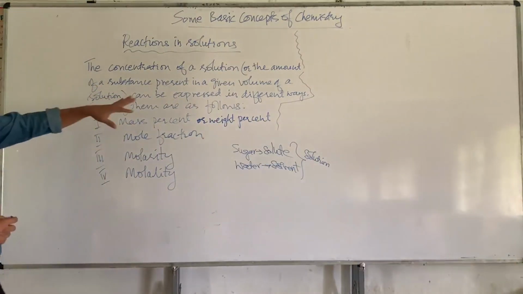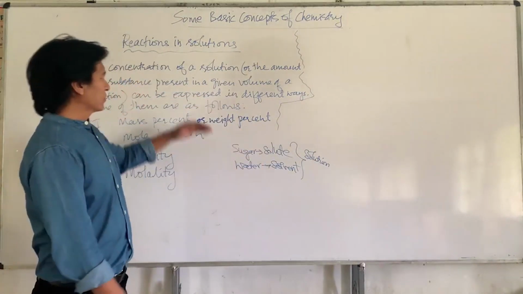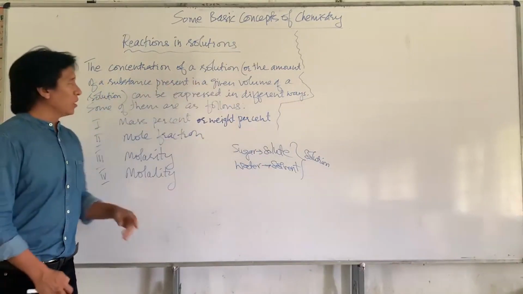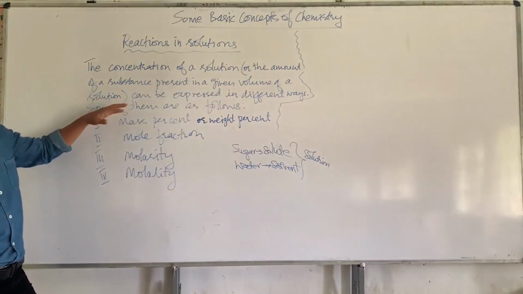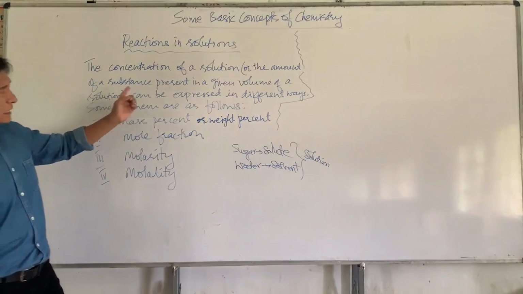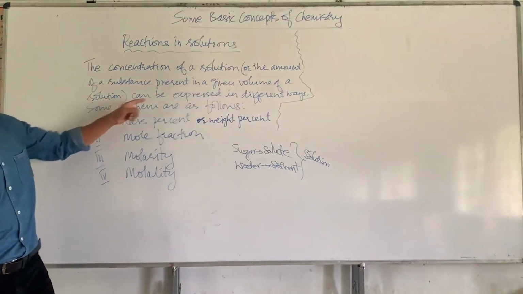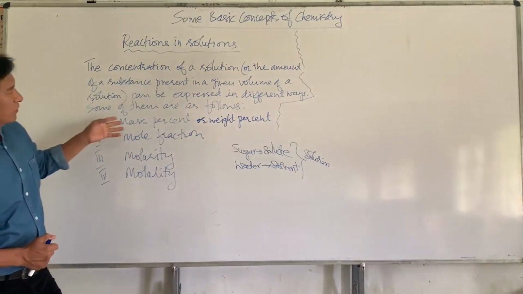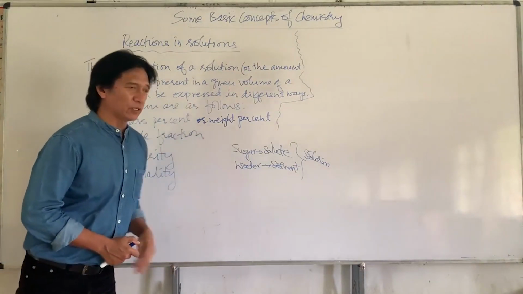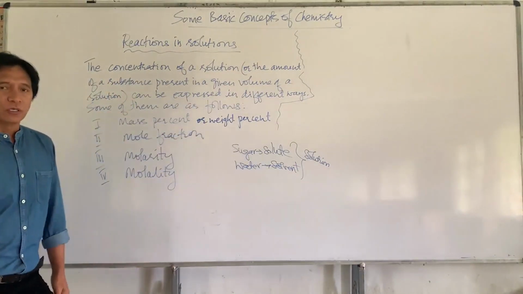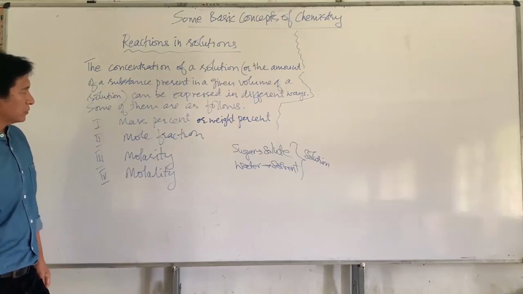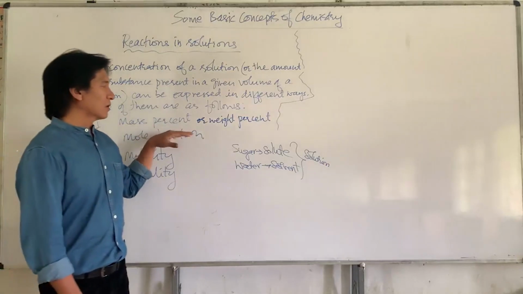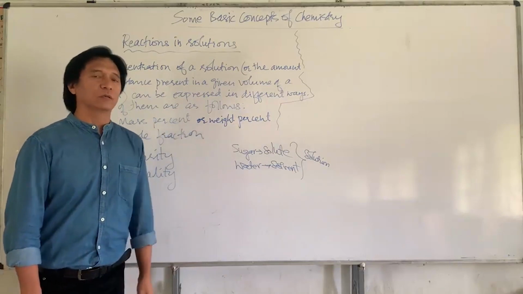Now, the concentration of a solution, or the amount of a substance or a solute present in a given volume of a solution, can be expressed in different ways. Some of them are as follows. The very first one here is mass percent, or it's called the weight percent.